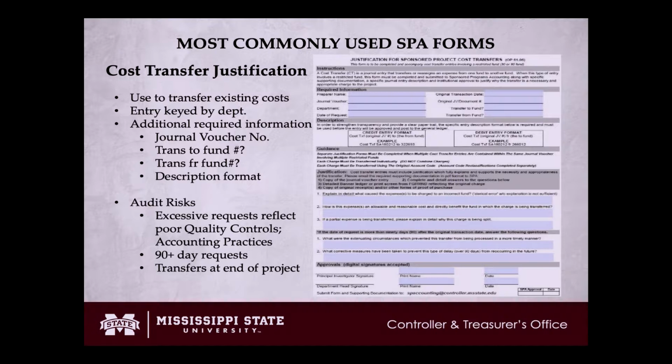This description format really helps third-party users, it helps our auditors, it helps us, it'll help you when you take a look at that entry within Banner, you know exactly where that charge came from, you know exactly where that charge went to. So it makes a more clear paper trail and makes everything more transparent.